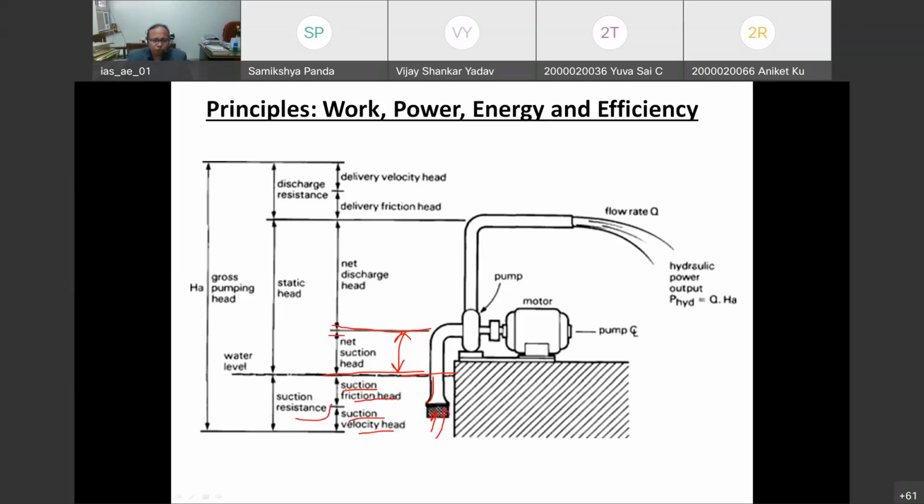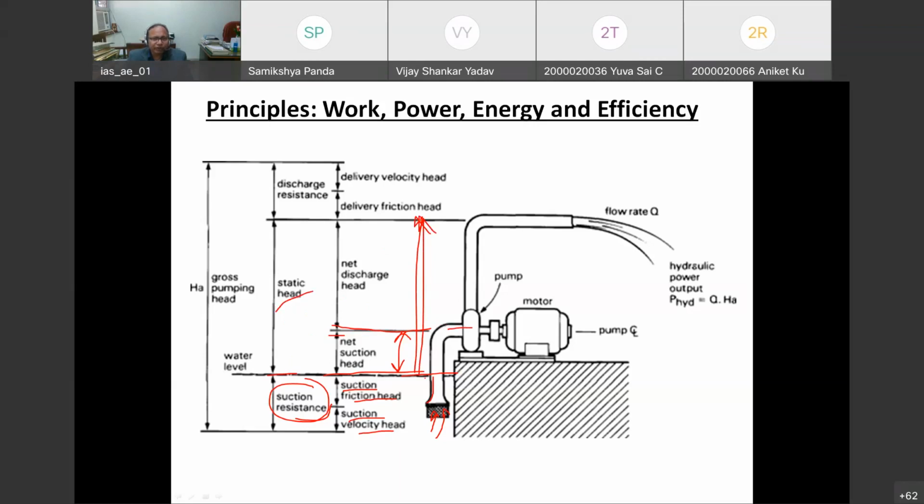These two in total are called suction resistance, and this is the static head from which water is lifted from this elevation to this elevation, so it is called the static suction head. This is the eye of the impeller.